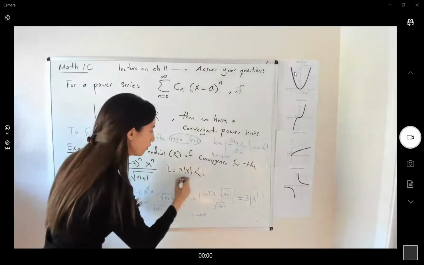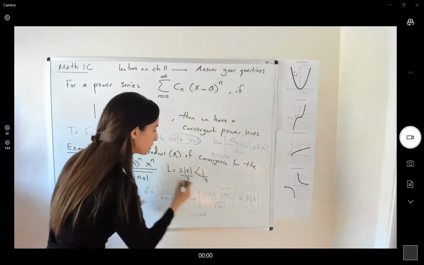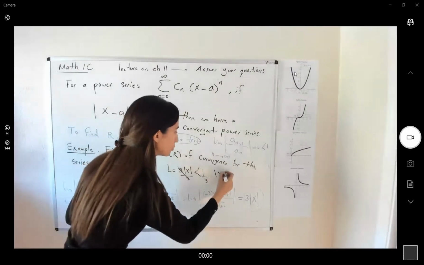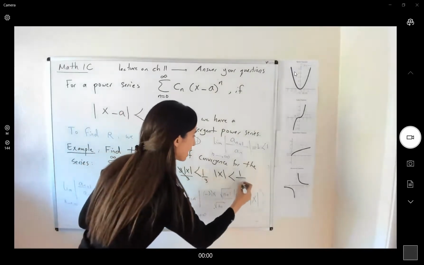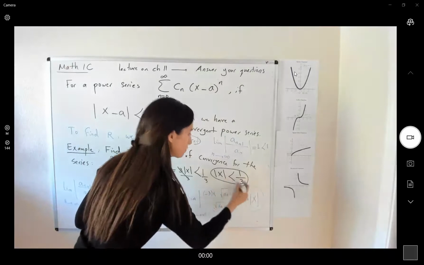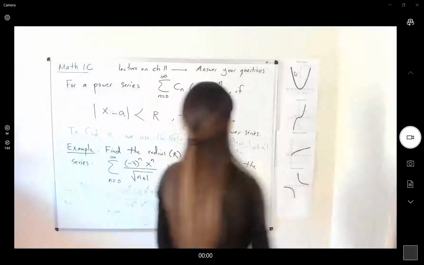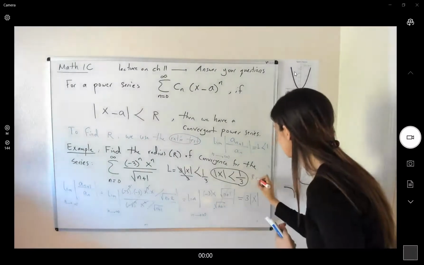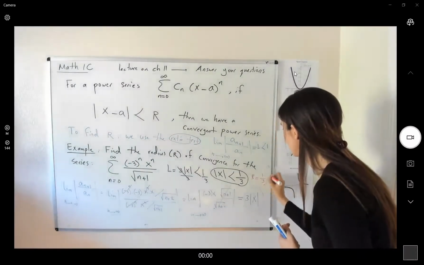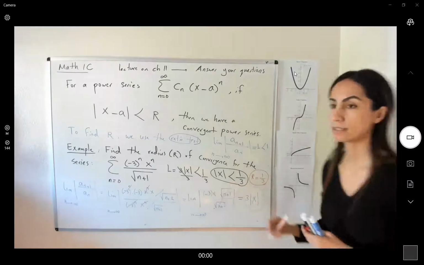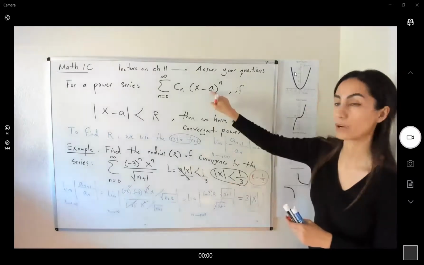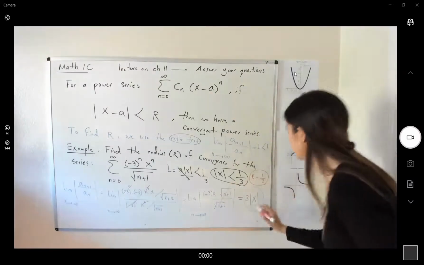So if you divide all sides by 3, absolute value of x must be less than a third. Or radius of convergence is equal to a third. 1 over 3. And in this case, note that your a is 0.